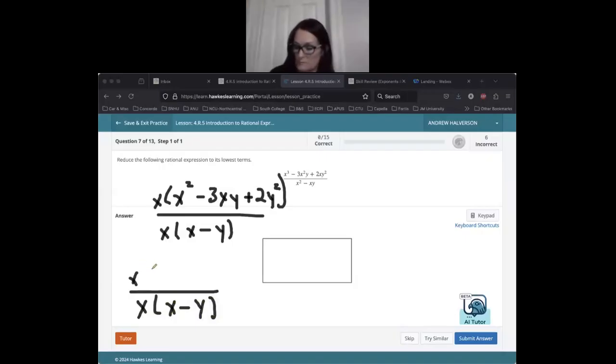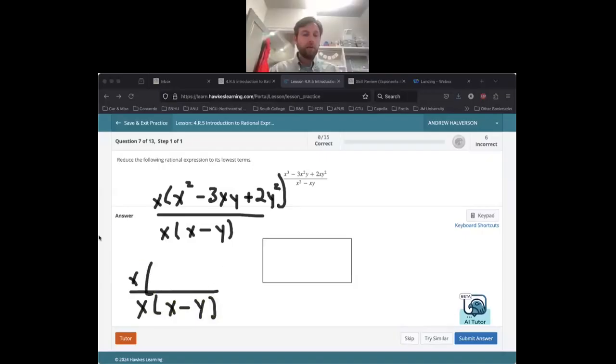In the numerator now, I'm going to factor it to x. It's a trinomial. We look for the factors of the 2 that give us the middle value of -3. So that's going to be x minus 2y times x minus y.